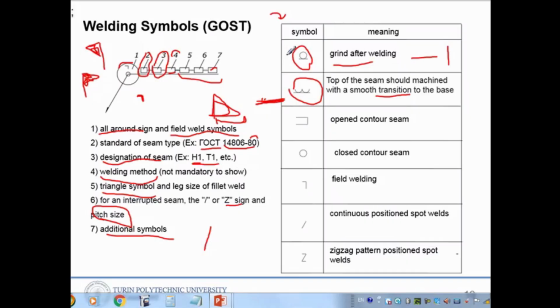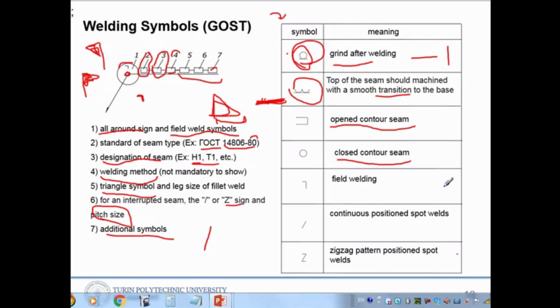But this one is different, you can just grind it, but you have to be careful when you get near the top side of the original part. And this one is an open contour seam. If you have this all-around symbol, everything around has to be welded, a closed contour seam.